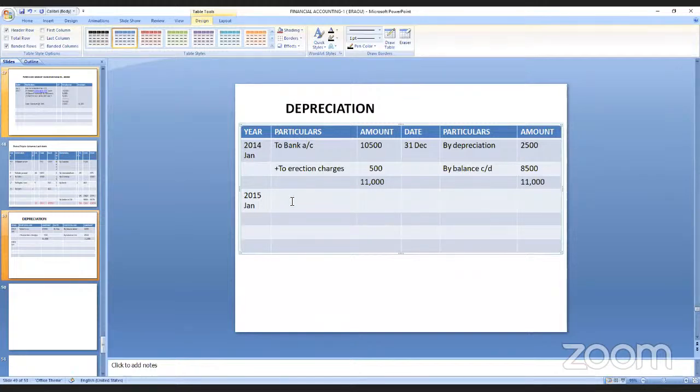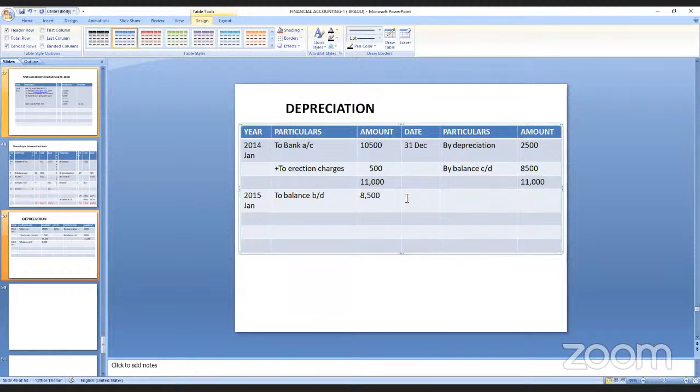The 8,500 is the closing balance. For the next year, you have to bring down, that is, to balance brought down. How much is that? That is 8,500.